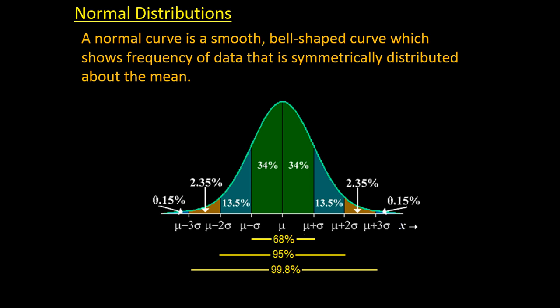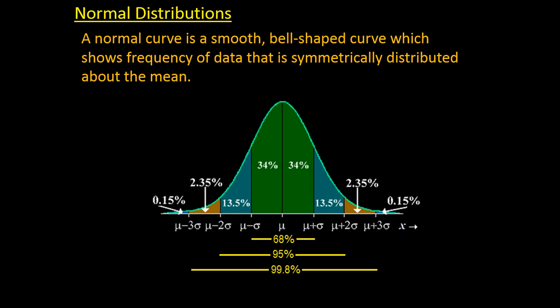Normal distributions are used to describe a lot of things that we deal with in everyday life. If you look at IQ scores, scores on ACT tests or SAT tests, heights of children or weights of children, you'll see that they follow a normal distribution. We have a lot of data values toward the middle, not so many toward the ends.